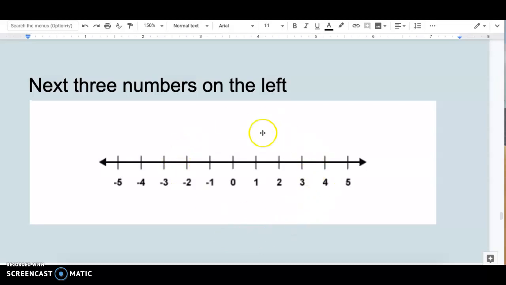Now somebody's drawn a really nice number line, but you do your answer and you need to make it a little bit longer. So I want to know the next 3 numbers that go to the left. What are the next 3 numbers that go to the left, starting right here?